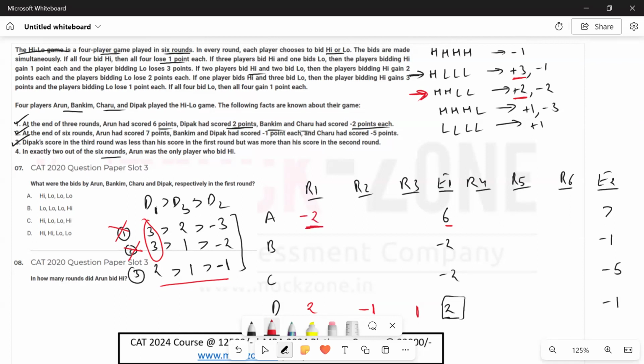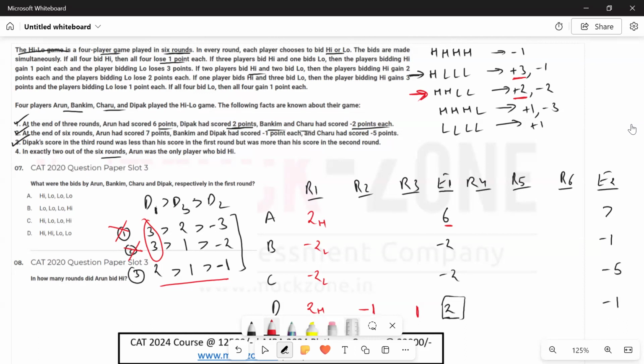No, because if it takes the value of minus 2, it won't be able to reach plus 6 by the end of round 3. So we know that for sure, if A is taking a value in this case, it will be taking a value of plus 2. And the remaining two minus 2 will be B and C. So they will be high, high, and these two will be low, low. इतना अपने को पता चल गया.